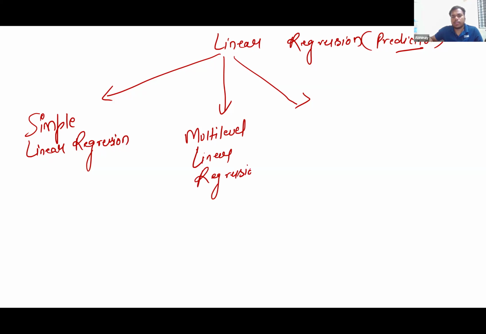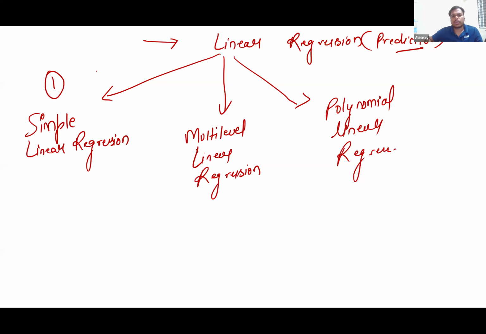Next we have polynomial linear regression. These are the three types of linear regression we have in machine learning. We will try to finish these algorithms in this class, but we will not go in that much of a hurry. So let's understand what is simple linear regression, multiple linear regression, and polynomial linear regression.